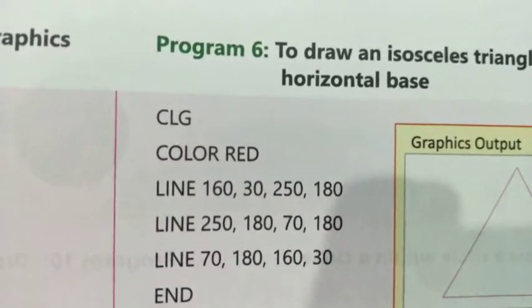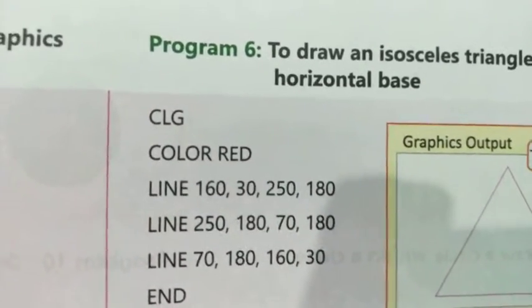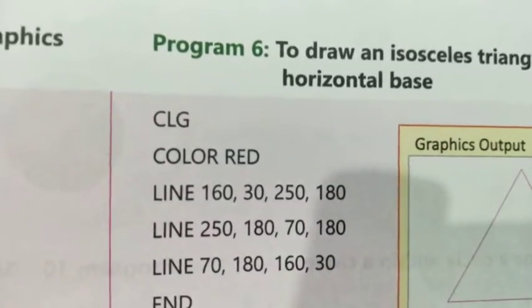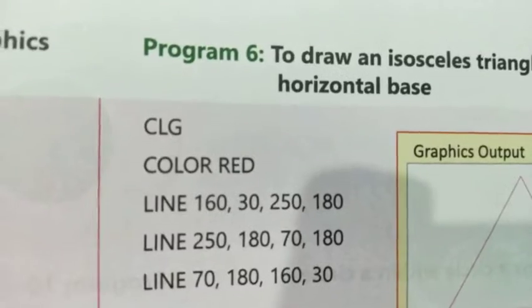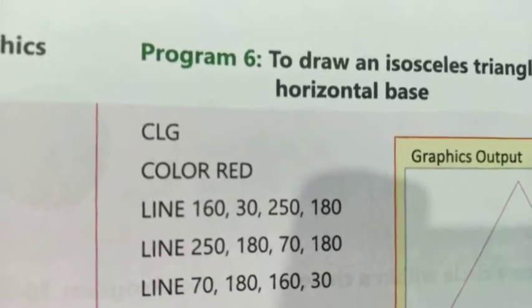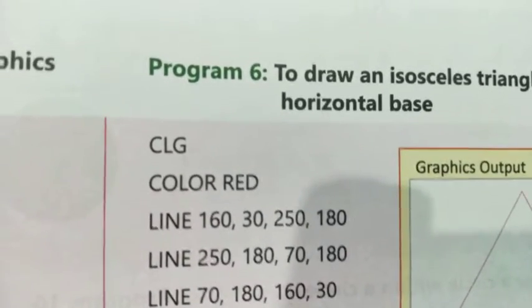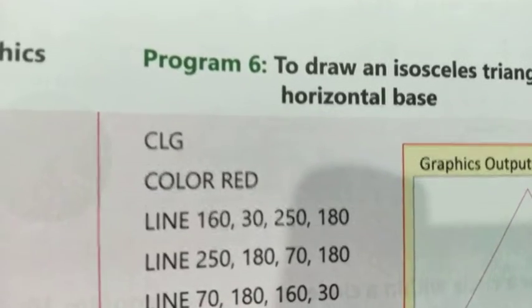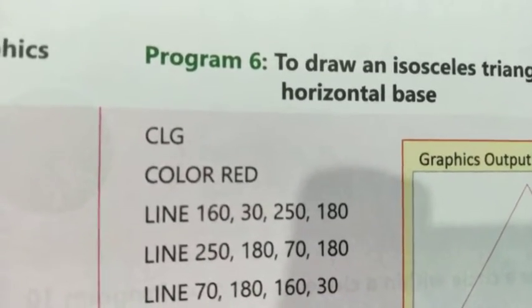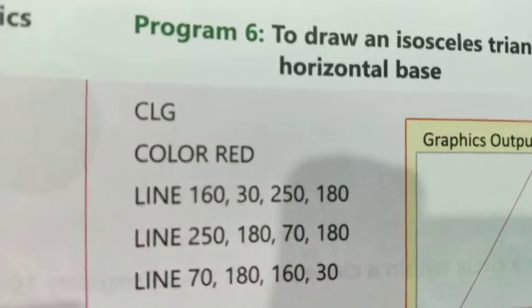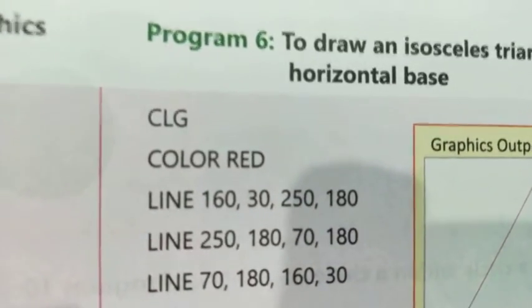CLG, COLOR red, so the red color line will appear there, and the line coordinates are 160, 30, 250, 180. Then the second line coordinates are 250, 180, 70, 180, and the third line coordinates are 70, 180, 60, 30.